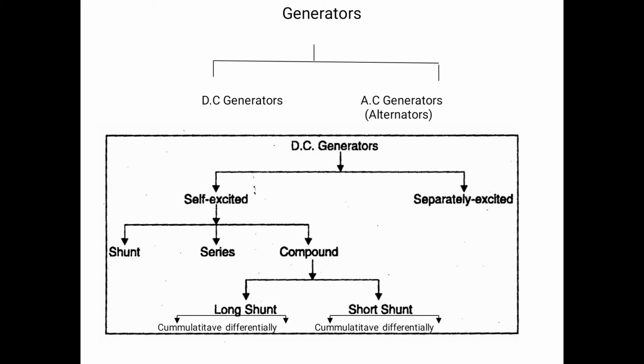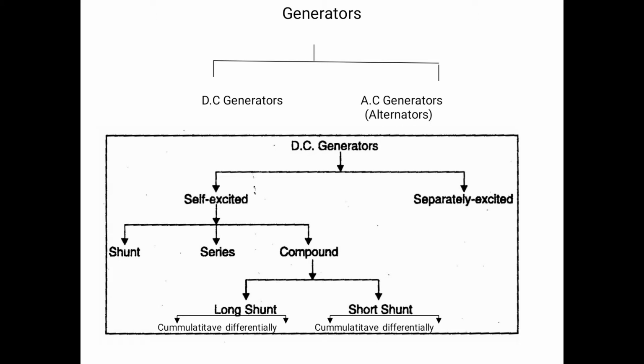In cumulatively compound DC generators, the magnetic flux produced by the series field winding and shunt field winding are in the same direction. In differentially compound DC generators, the magnetic fields produced by the series field winding and shunt field winding are in opposite directions.